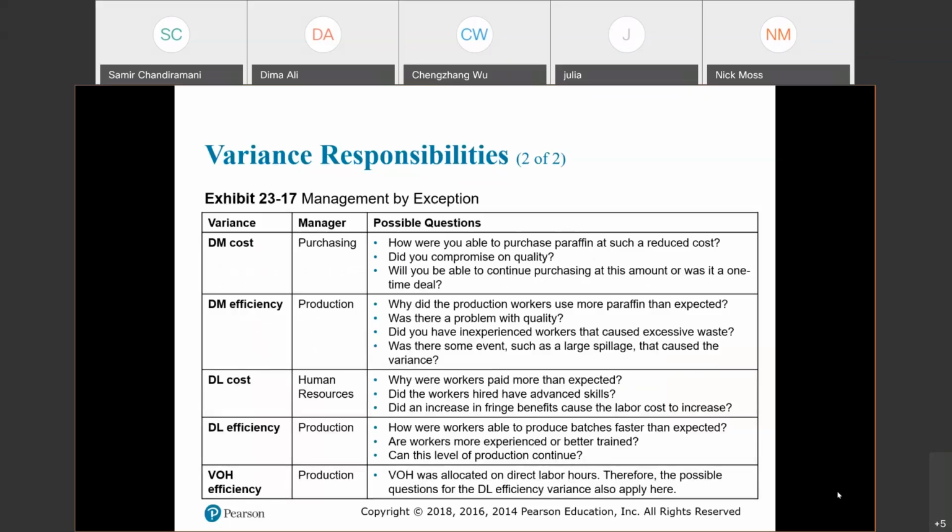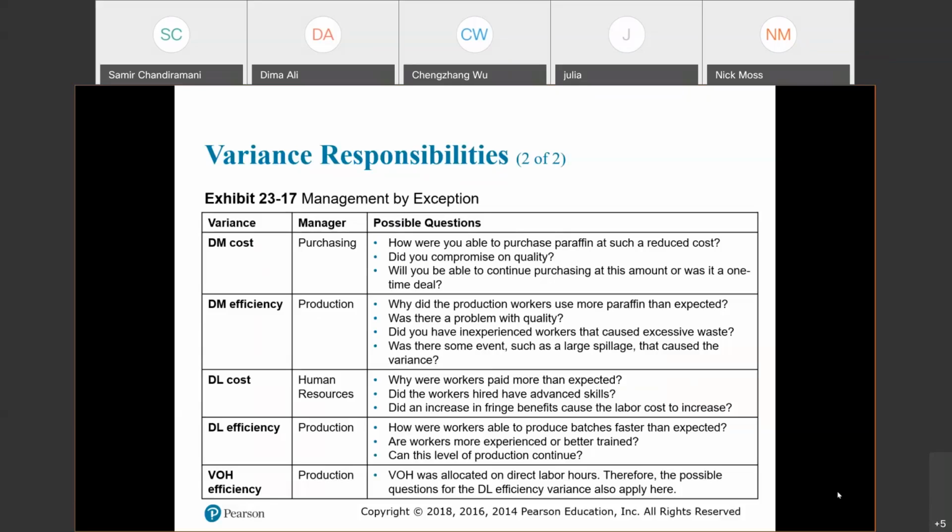So these 5 items have variances greater than $5,000. They are direct material cost variance, direct material efficiency variance, direct labor cost variance, direct labor efficiency variance, as well as variable overheads efficiency variance.